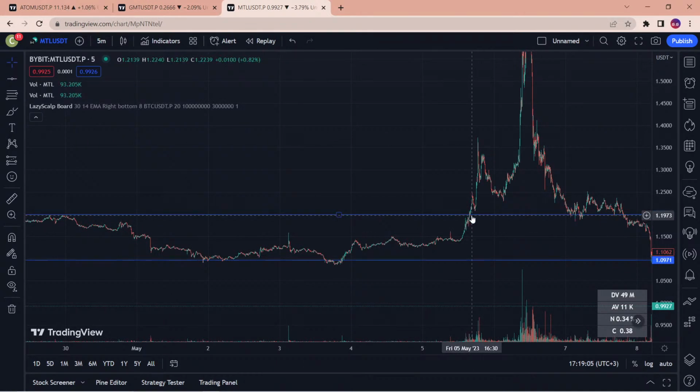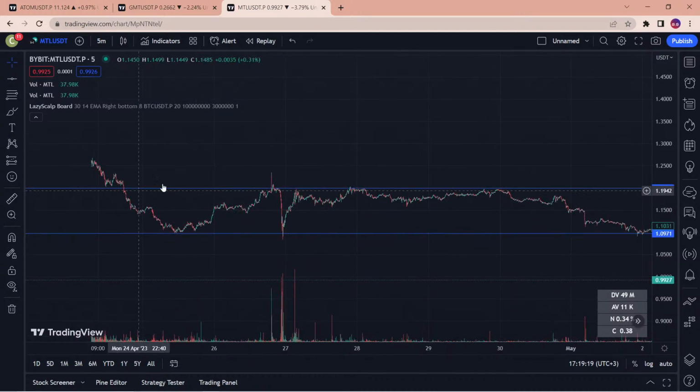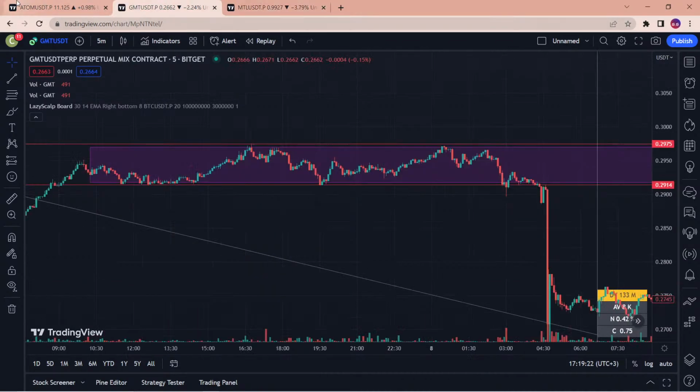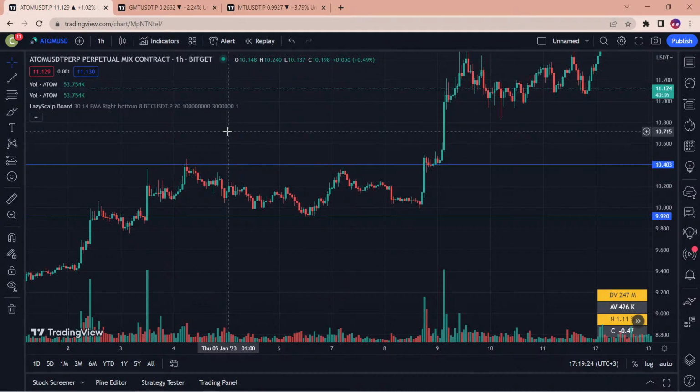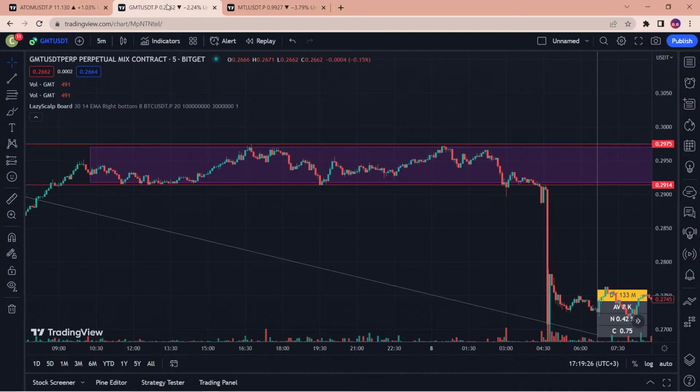Here, yes, we have the breakout, but frankly speaking, it looks more like news or a reaction to BTC. But we should skip such situations.